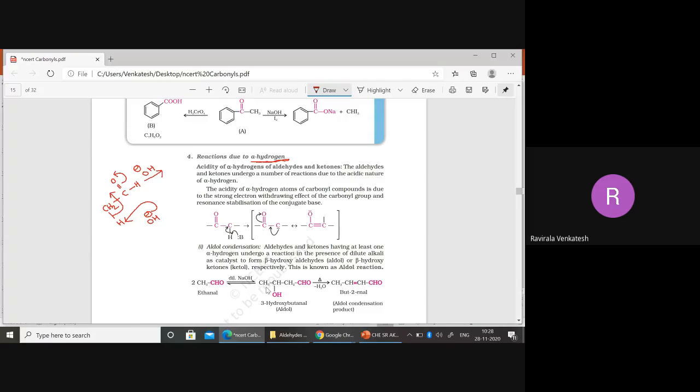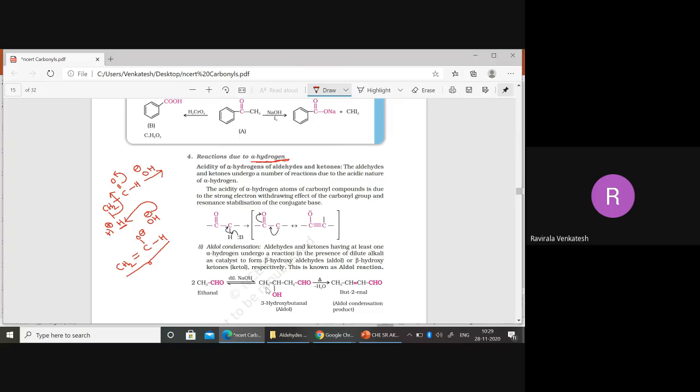Because of this, what we are going to get here is CH2 double bond CO minus, after losing H. So this is leading towards some products. Here it is releasing H plus, and releasing H plus is nothing but releasing the proton.